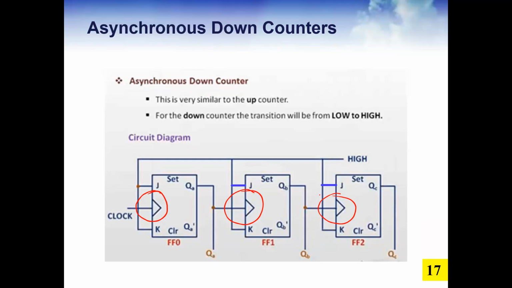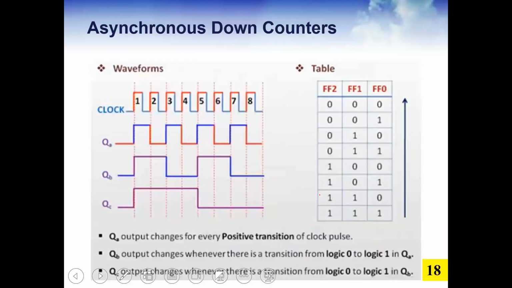Otherwise, everything is very much similar. We need to set both inputs of the JK flip-flop to high so that it can work in toggling mode, same as we have seen previously. So this is the explanation of the down counter. As we use positive edge triggering here, we can highlight the positive edges of the clock, which you can see here, and the reference line is already drawn.